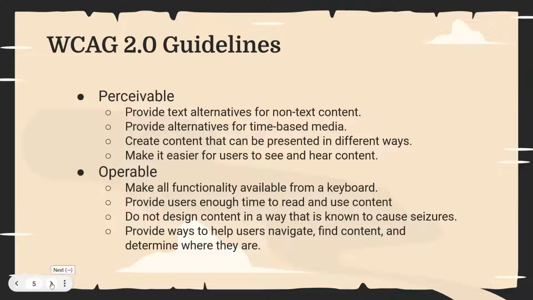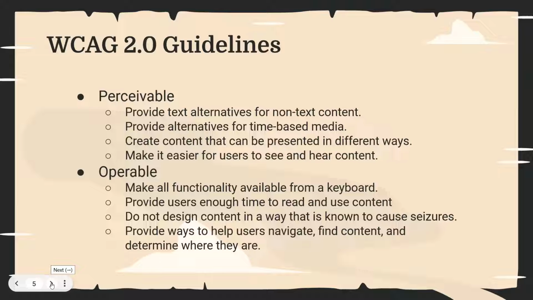So two ways to look at this are perceivable and operable. Perceivable means providing text alternatives for non-text content, so pictures, videos, images of any kind. All of those need to have text alternatives for anybody who is accessing that material with a screen reader.